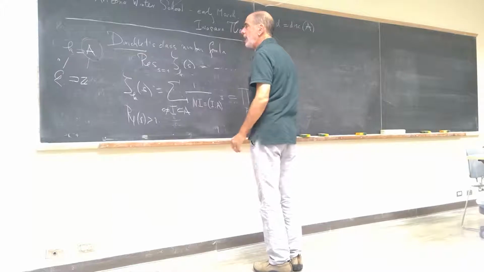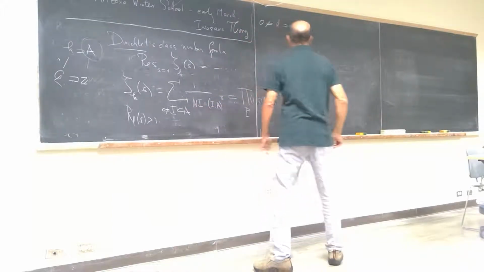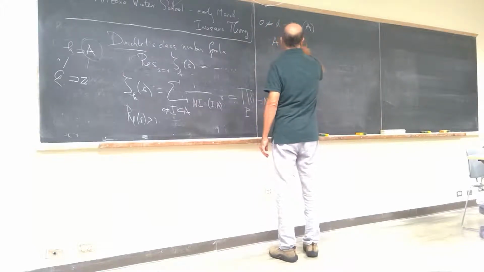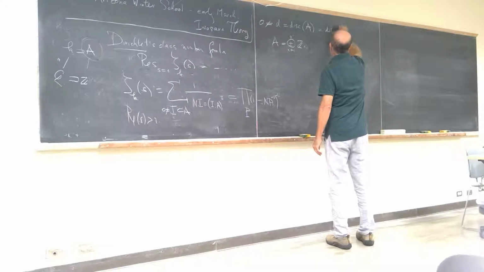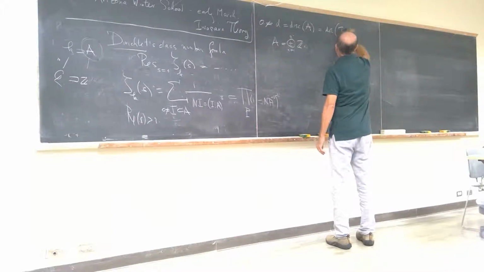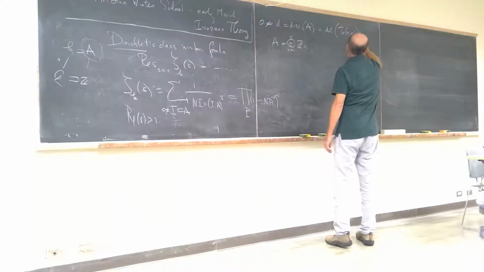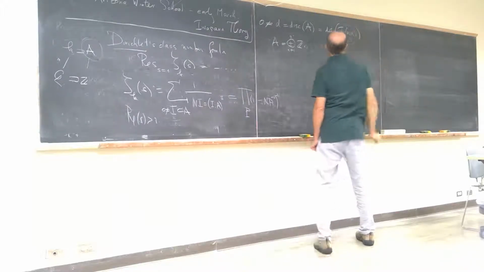It's defined as the determinant of the Gram matrix of the trace form. So you choose a basis for A over the integers, and then you take the determinant of the n by n matrix given by the traces of the products. These are all integers, so the determinant is an integer.